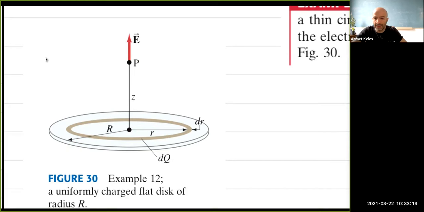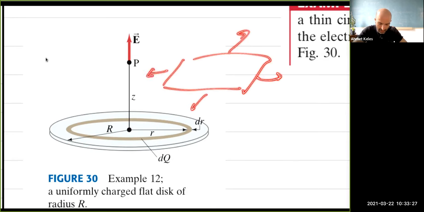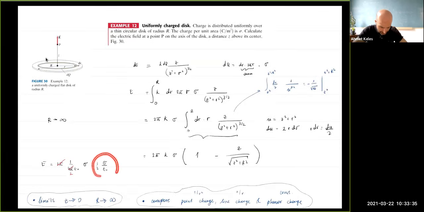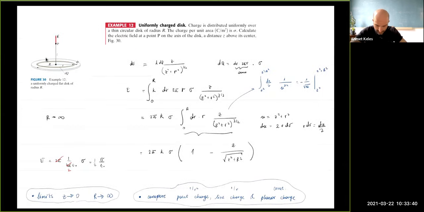If this plane goes to infinity on all sides, and I put a charge on top of it, what is the force on this charge? What I find is that it's constant. It only depends on the charge density on the plane. Combined with the previous findings, point charge, line charge, and planar charge fit into a nice picture: 1 over r squared, 1 over r, and constant.